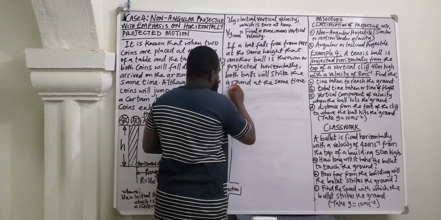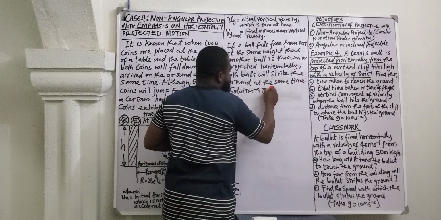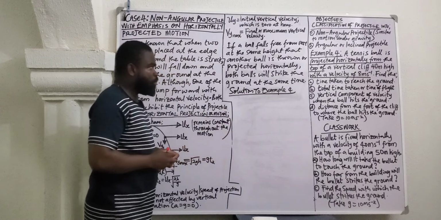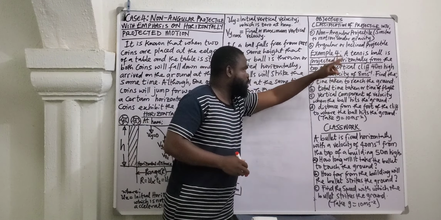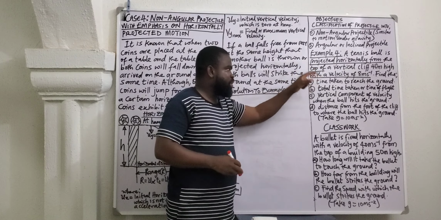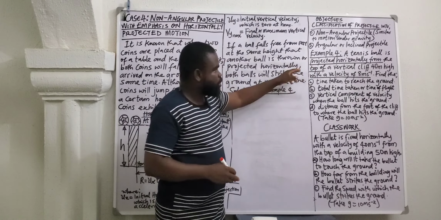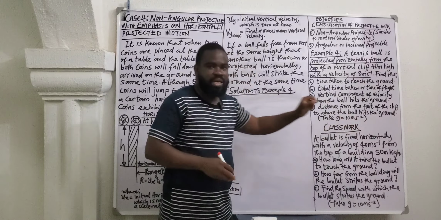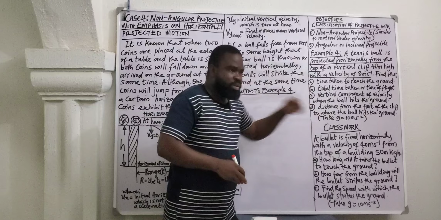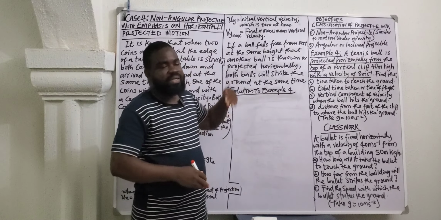That's the solution to example 4. We are told that a tennis ball is projected horizontally from the top of a vertical cliff 40 meters high. Like I said, when you read this type of question and you read thrown horizontally, projected horizontally from a height with a velocity, this one is not for you to say, oh, the velocity at the maximum height is 0.